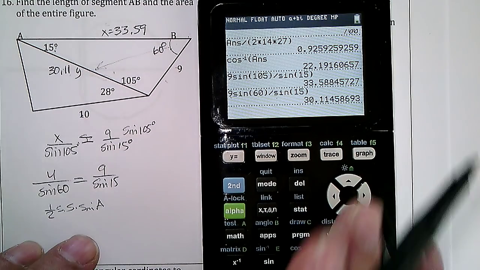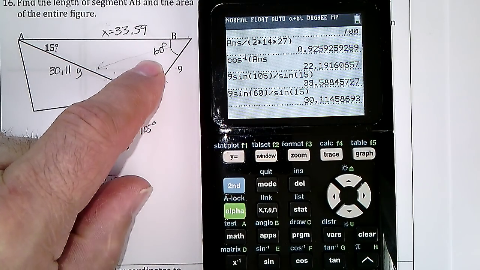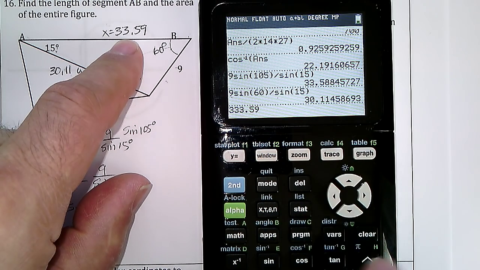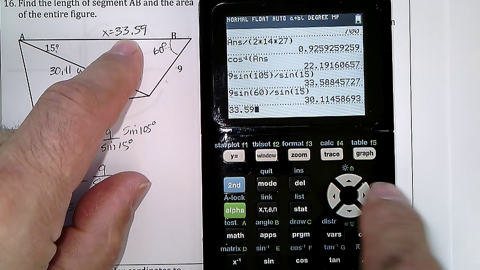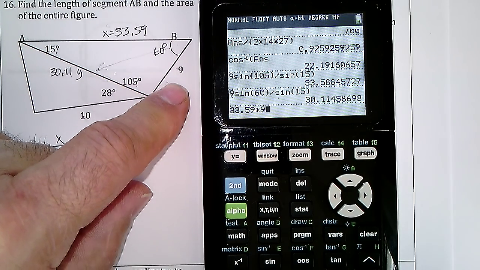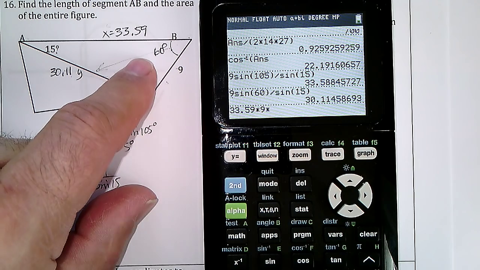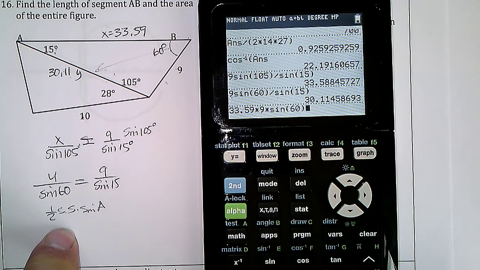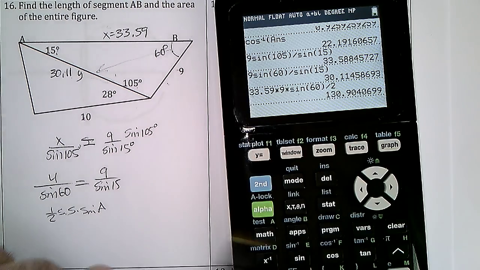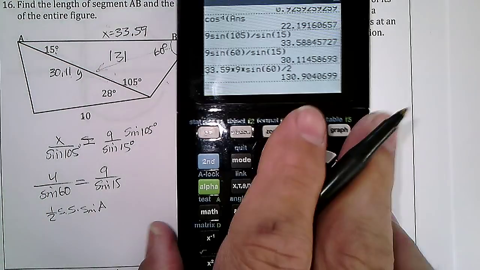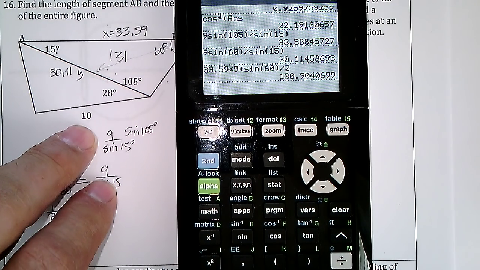So for the top triangle, let's say I chose the 60, I'd have 33.59 times 9 times sine of 60, all half of that divided by 2, and I get 131 square units up here, and down here I'll do the same way.